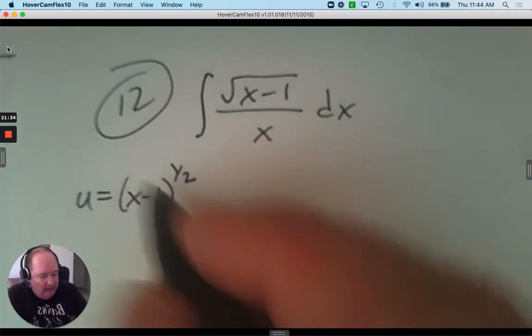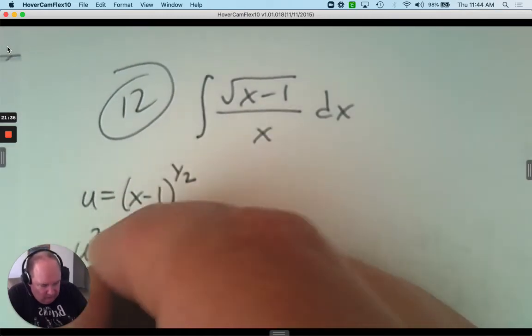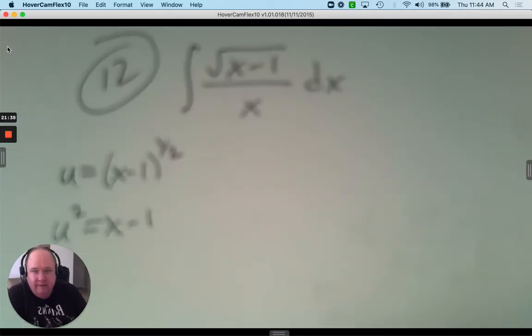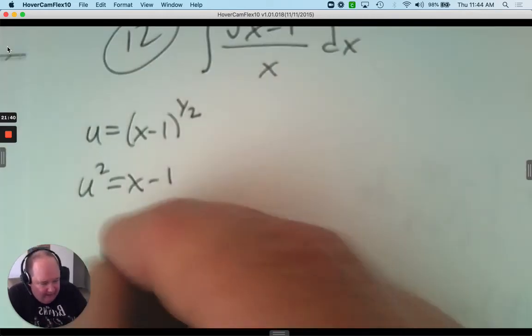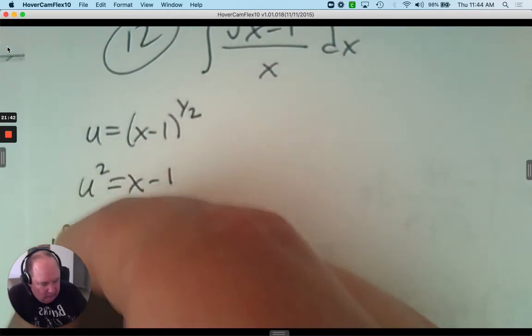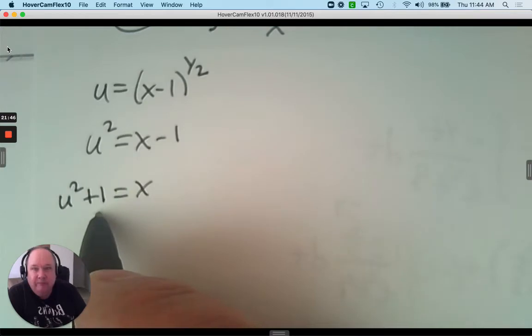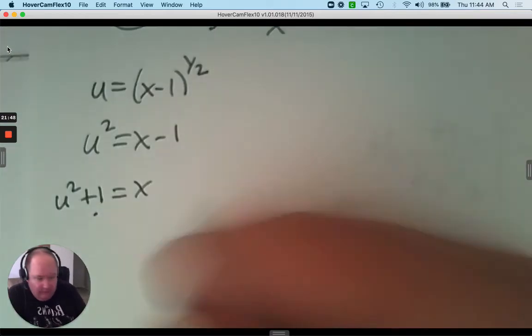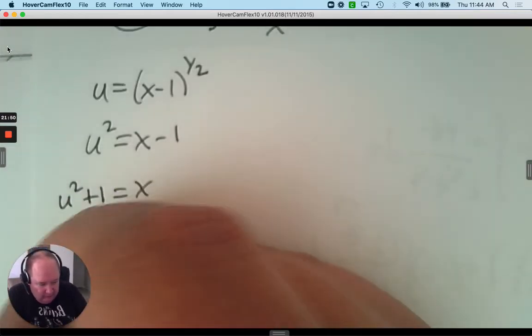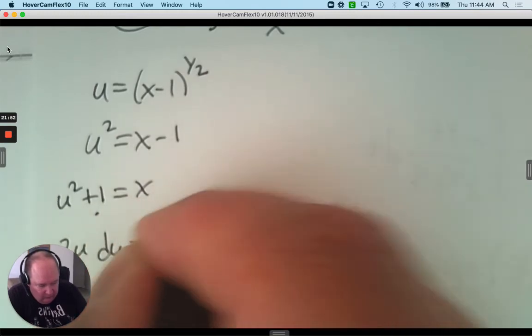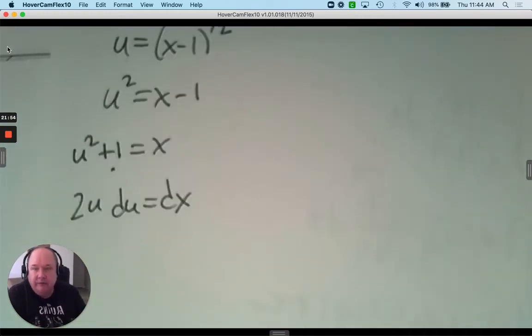So I'm going to square both sides so that u squared is x minus 1. And then x would equal u squared plus 1. I need to know what x equals. I need to know what u equals. And I need to take the derivative, which would be 2u du. That's the derivative of x.